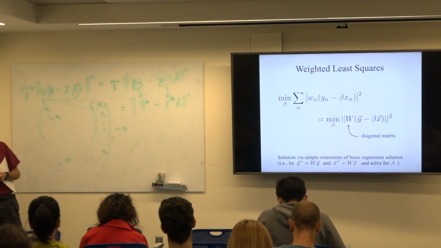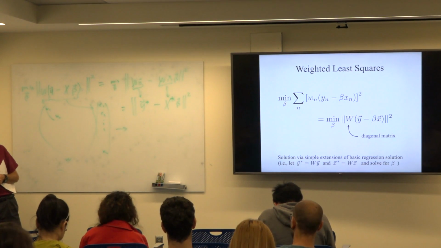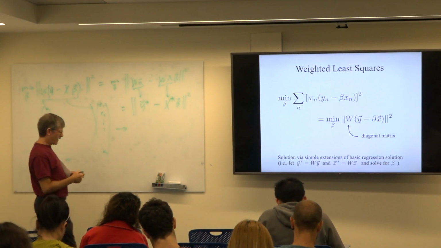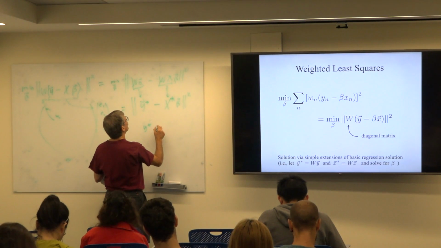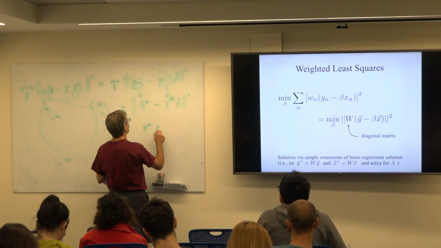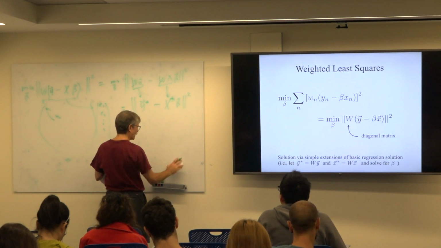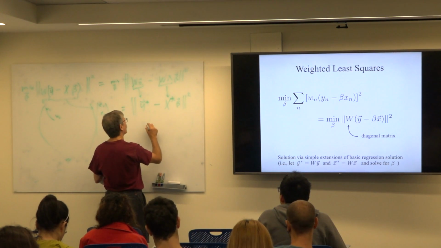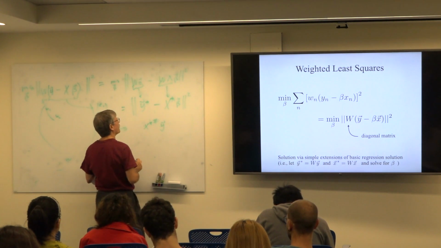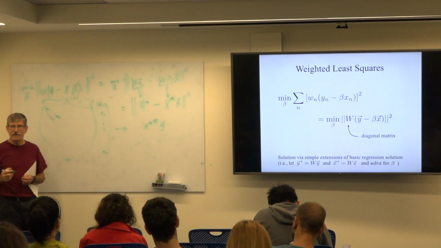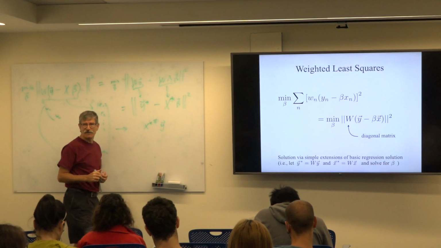So you recognize that weighted least squares regression is just regression. It's the same problem. We know how to solve it. The solution is to take x star, same solution we had before, except the guy we're inverting, pseudo-inverting, is not x, but it's Wx.